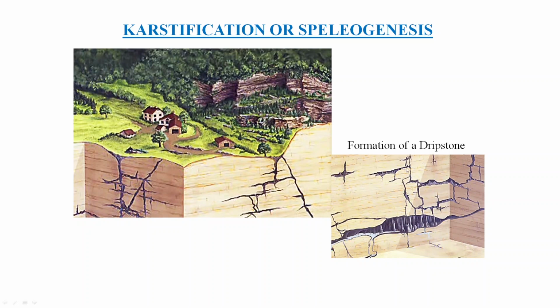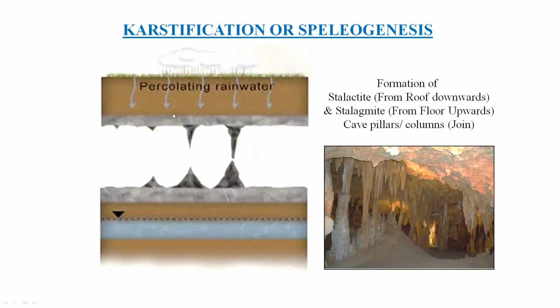Again, these fractures and joints will be utilized by the rainfall along with the carbonic acid, and they will again take the limestone into solution, and then again they will drip like this, forming drip stones, which are the most fabulous structures that you can see in a limestone cave or cavern. Again, like I was mentioning, now your water level is just beneath the limestone horizon.